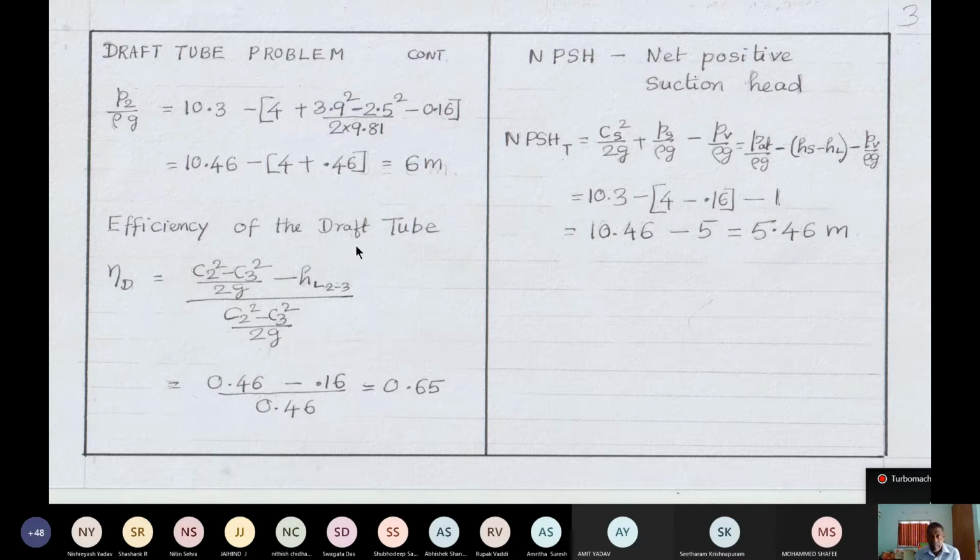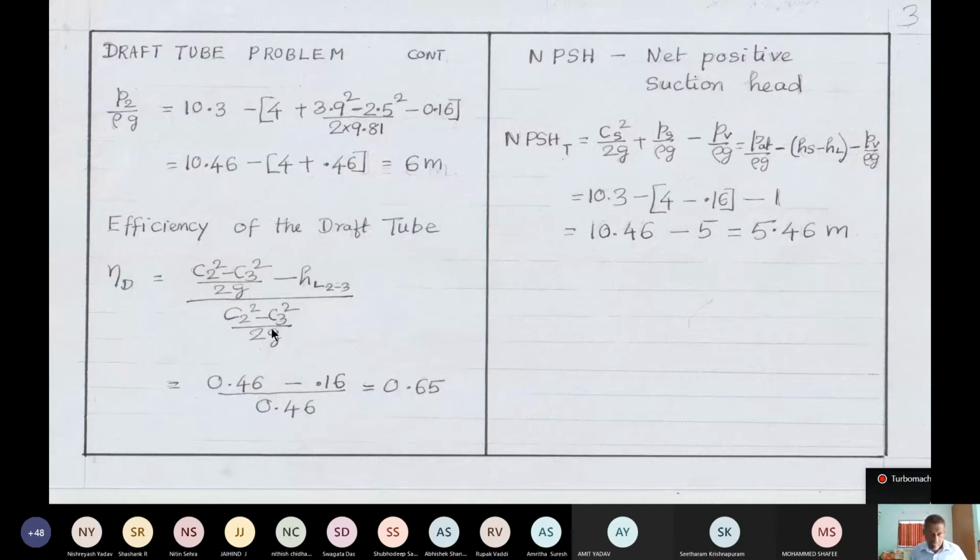Now the next thing is efficiency of the draft tube. The equation is (C2 square minus C3 square by 2g minus head loss between 2 to 3) divided by (C2 square minus C3 square by 2g). So this C2 square minus C3 square by 2g is the pressure recovery due to change in kinetic energy.